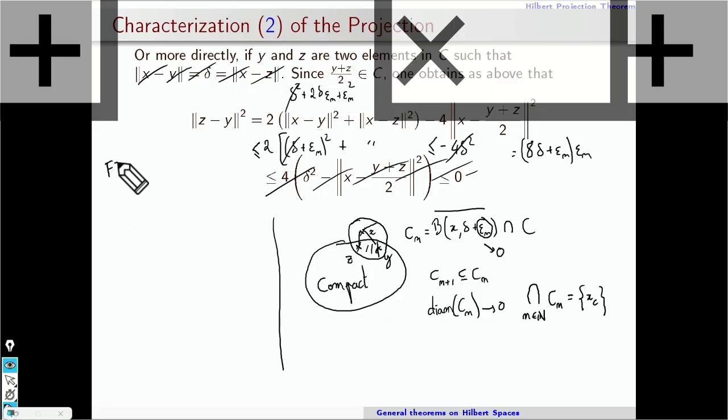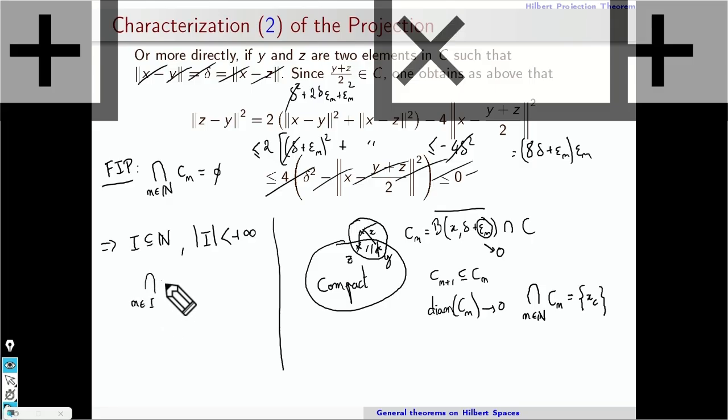So we recall the finite intersection property, which says that if we have an intersection, so not necessarily countable, but intersection of closed subset of a compact set, if it is empty, then there exists a finite set of indices I such that the finite intersection of the Ci is empty.